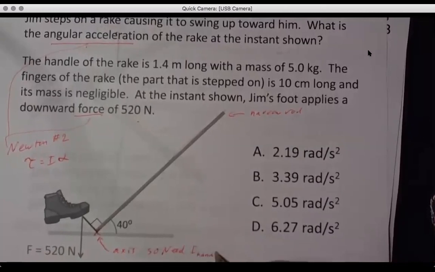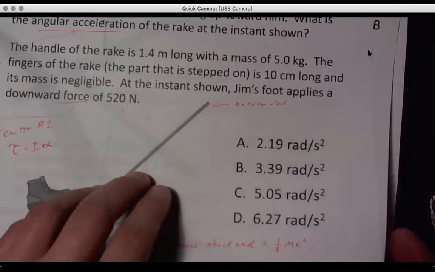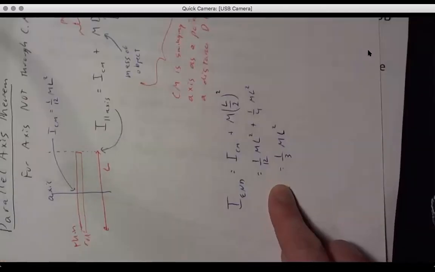Handle about end. And that's equal to 1/3 ml squared. How do we know it's 1/3 ml squared? Because we did that sideways, but we still did it.